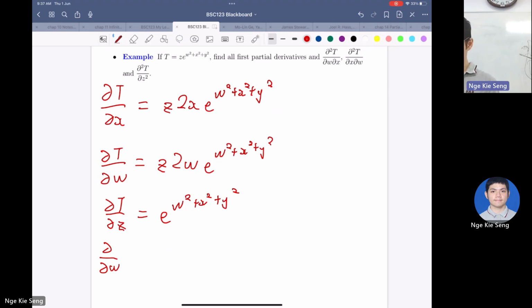Which one needs the product rule? Where is the product rule? Z is not a function in terms of that. If you use the product rule, you also get 0 for the other term because it's not a function in z.